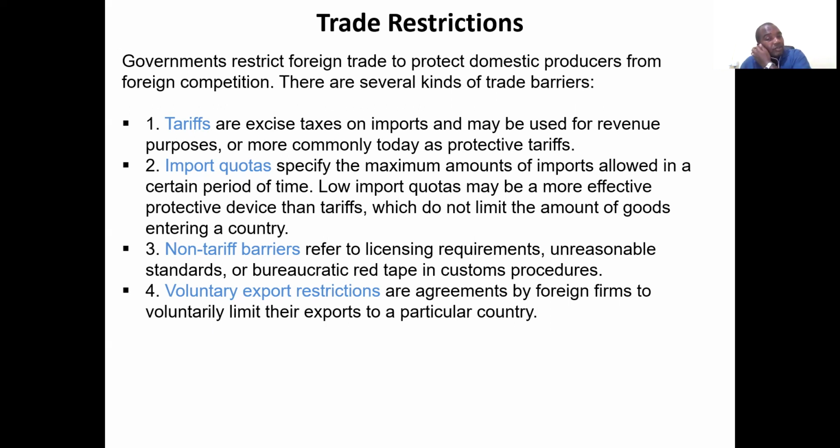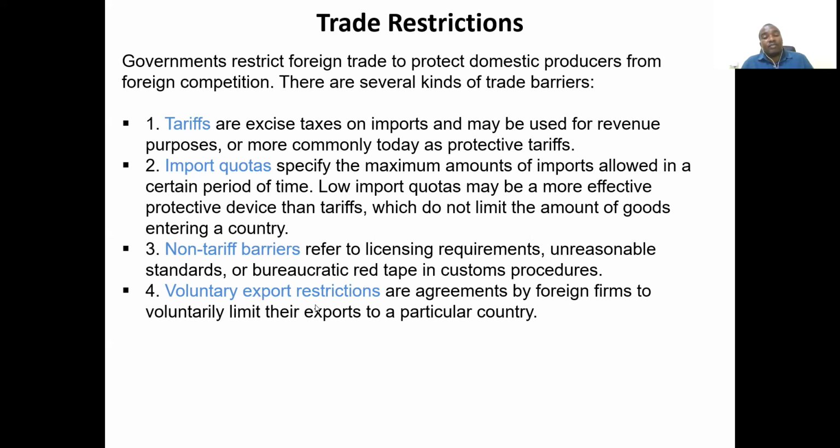And then we've got import quotas, which specify the maximum amount of imports allowed within a financial year or within a month.